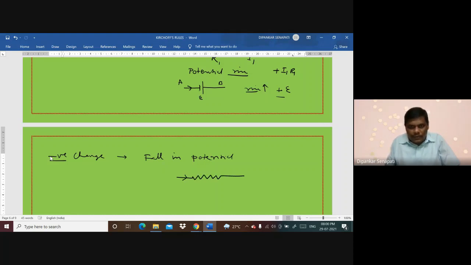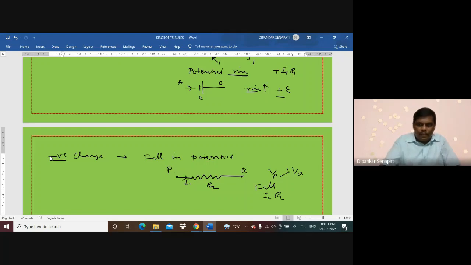If the current is flowing from P to Q, then what kind of change is there? Vp is greater than Vq. That is a potential fall. As you are calculating from P to Q, there is fall in potential. In this case, if the current is I2 and this is R2, then what can you write? I2 R2.